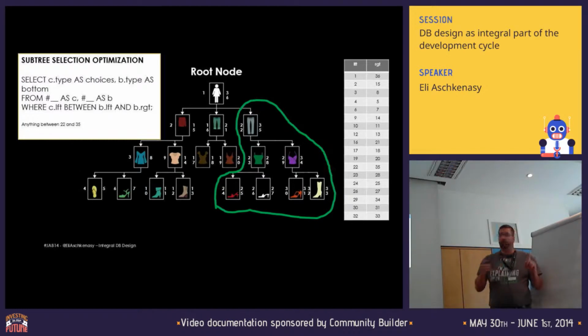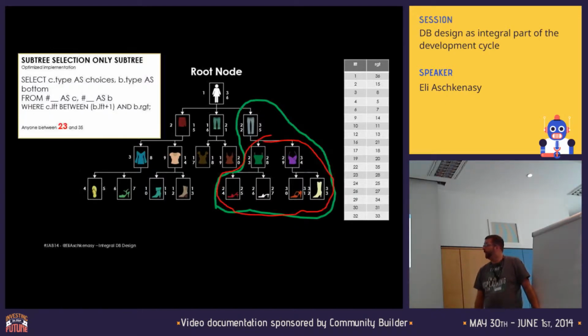Due to the fact that we continued with the numbering scheme, I know that from this node, any left value that is between 22 and 35 is part of that tree. Does that make sense? So this is very simple to find a subtree.